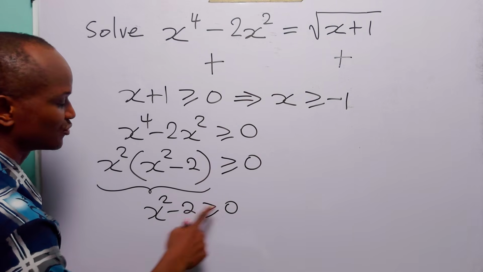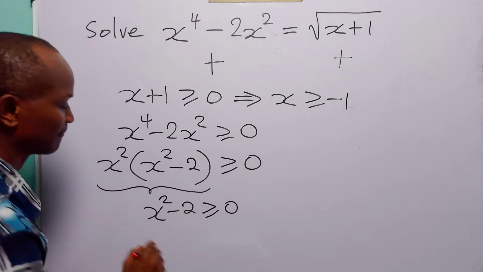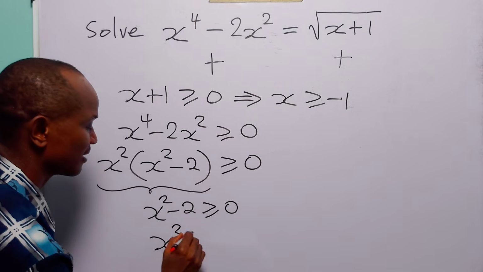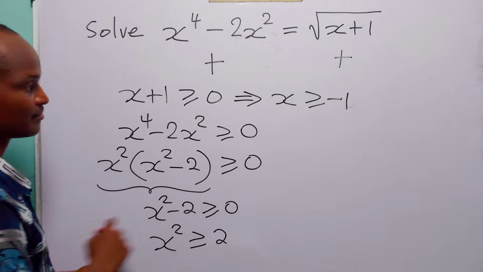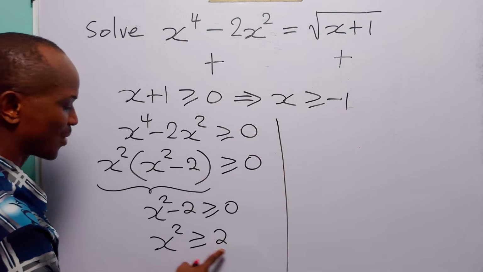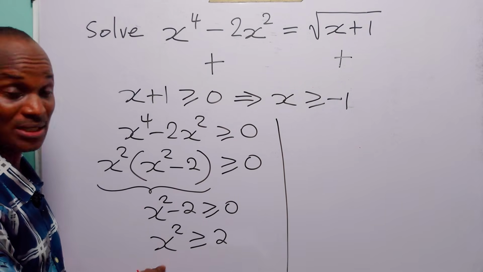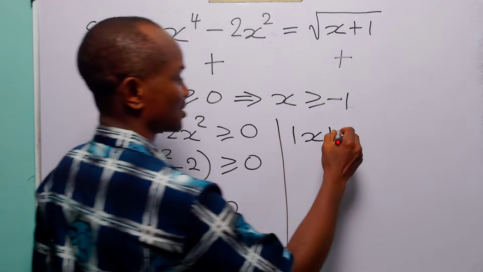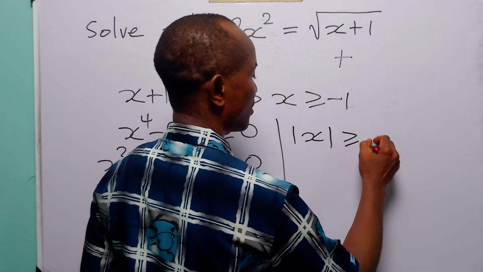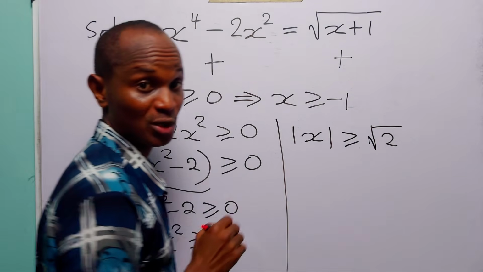Now, when we add 2 to both sides of this inequality, we have that x^2 must be greater than or equal to 2. And of course, when we take square root of both sides of this inequality, we have that the absolute value of x must be greater than or equal to √2.